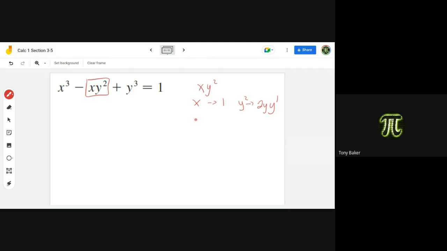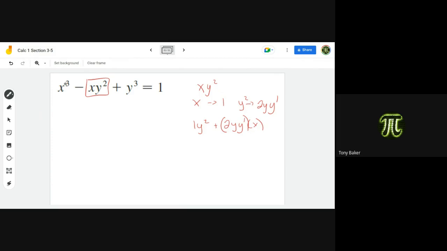So this becomes 1 times y squared plus 2y y prime times x. Because it's derivative of the second times the first, plus derivative of the first times the second. I'm going to put it all in the thing in a second.